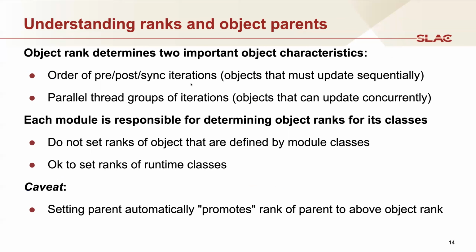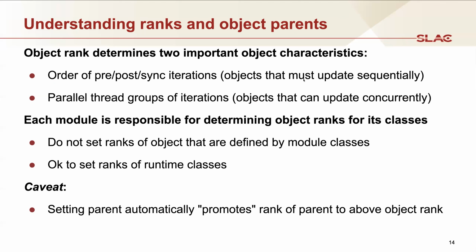Ranks are basically set by the modules that are responsible for these. So a rank will determine the order and the parallelization that's possible. You can think of it this way: some objects must be updated sequentially, and other objects can be updated concurrently.